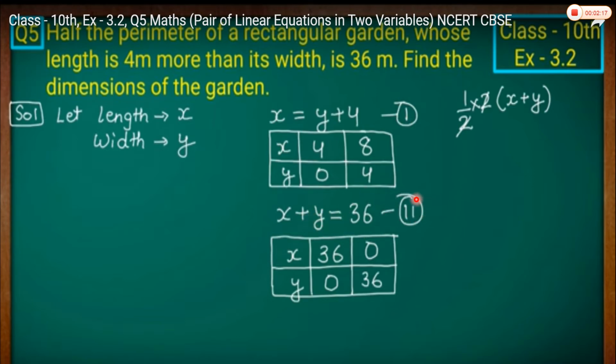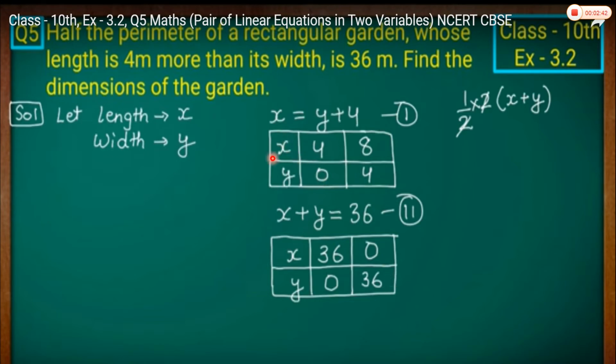This is the second equation. Now draw a table from this equation: if we put x as 36 then y is 0, and if we put x as 0 then y equals 36.